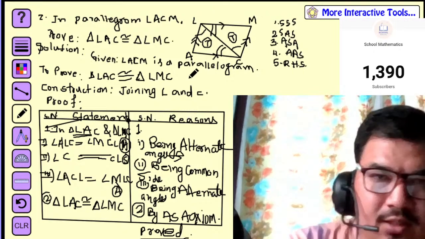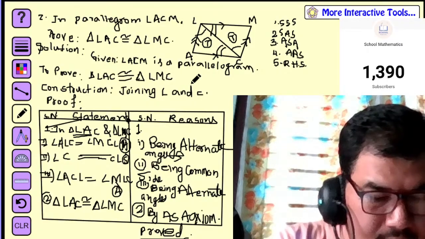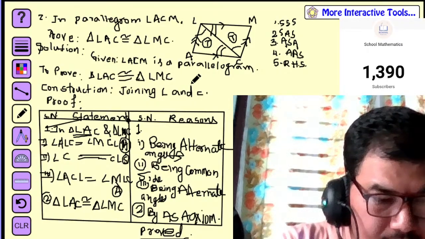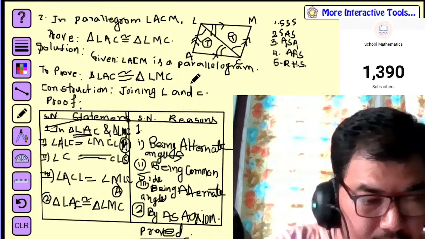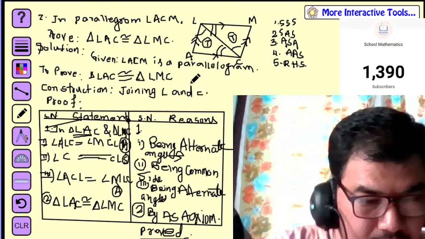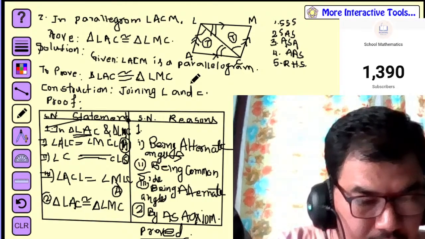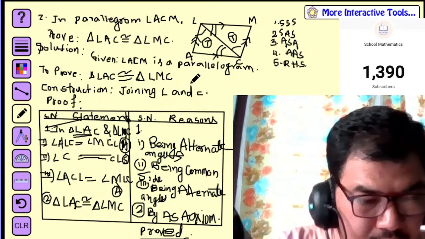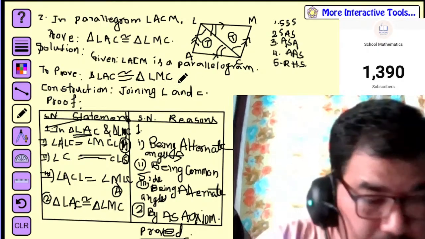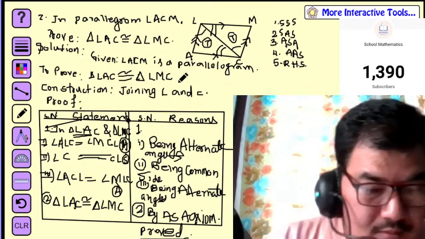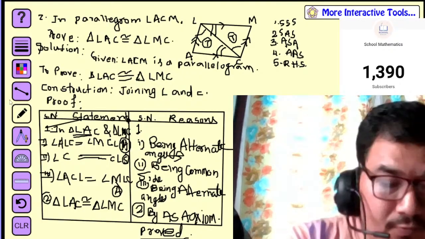We needed to show these two triangles congruent, and we have shown them congruent. This is the way to prove the given triangles congruent in this parallelogram.